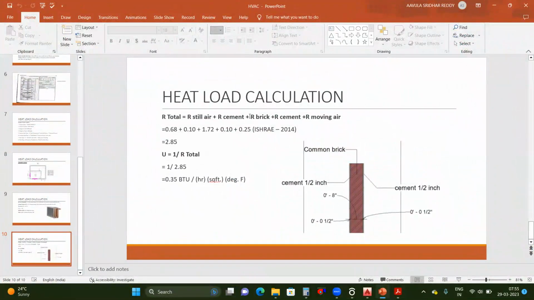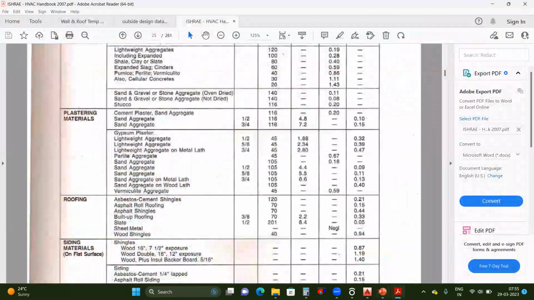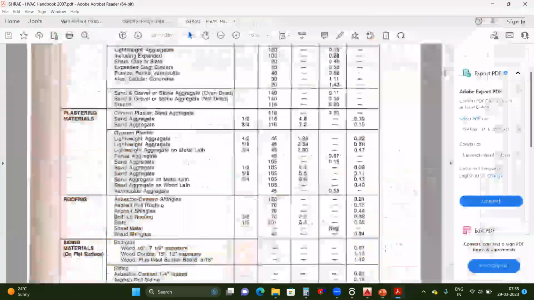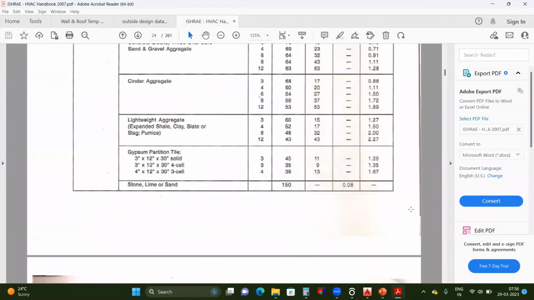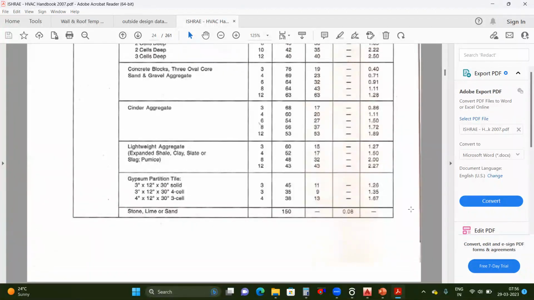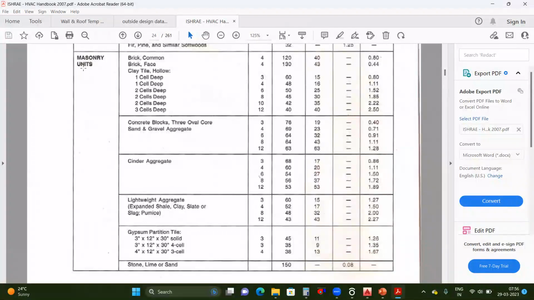And next one is the brick value. These are the masonry units, the constructed material. Here we have different types of bricks: brick common, clay brick, concrete block, cinder aggregate, gypsum partition, stone, lightweight.